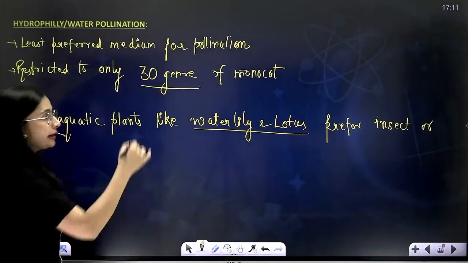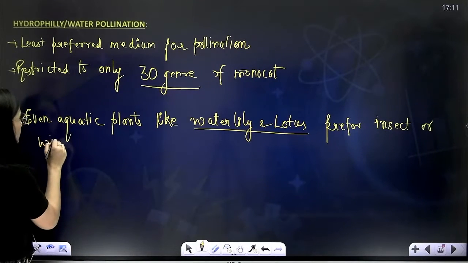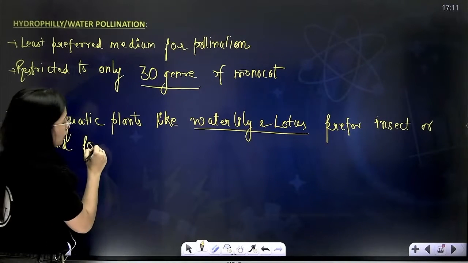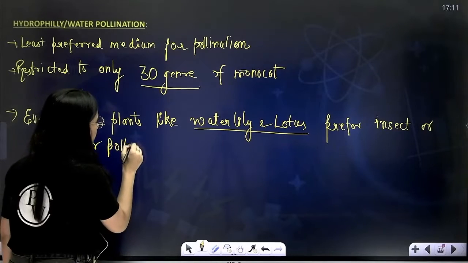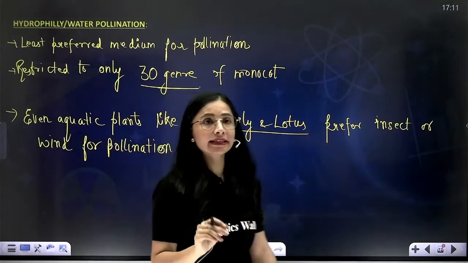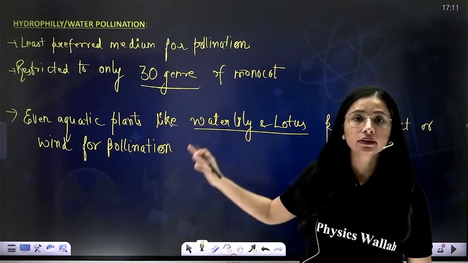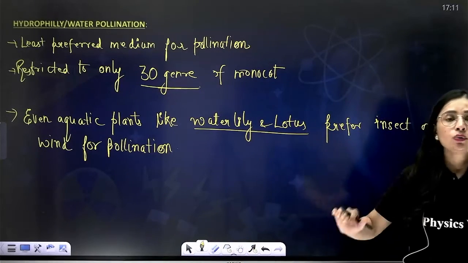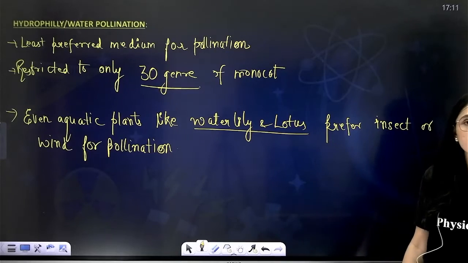See, insect or wind for pollination instead of water. They prefer insect or wind. Can you see this thing?